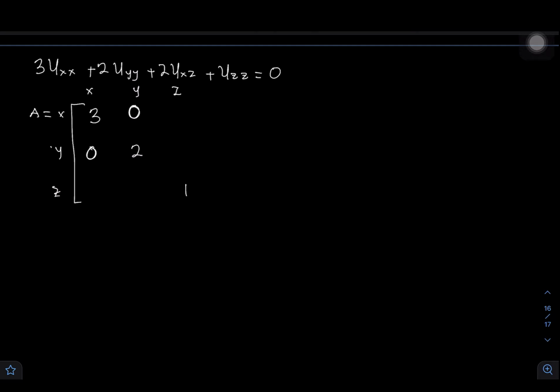Okay, uxy is supposed to be equal to uyx, but there is a uxz here, so xz here is supposed to be 2 divided by 2 because you're supposed to divide. It's a symmetric matrix. You're supposed to divide everything by 2 and then distribute over the entire matrix. So you're going to have 1 and then 1 here, and then uyz, there is no uyz, so that's also going to be 0, and that is your A.